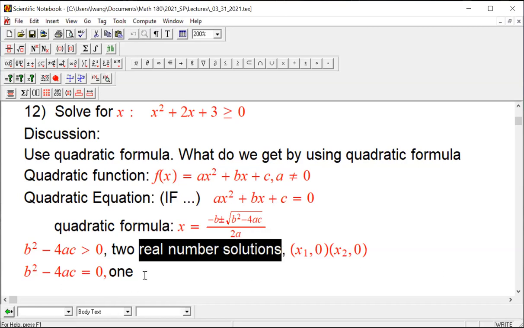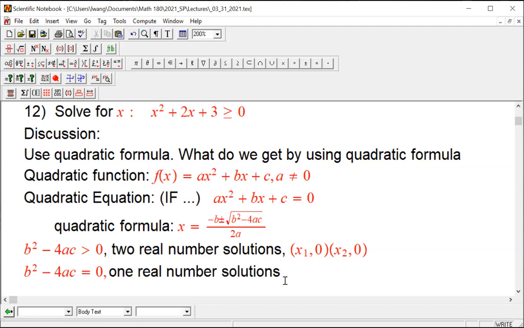As a result, you have only one x-intercept. So this means two x-intercepts, and this is just one x-intercept.